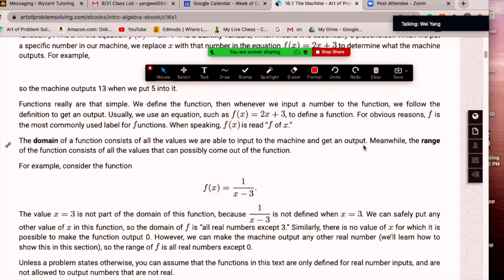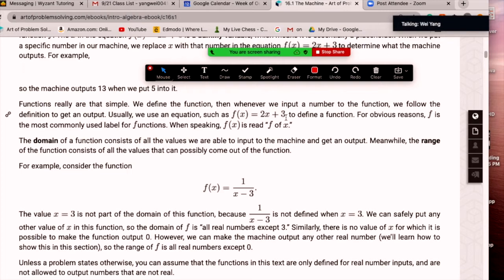So you need to give all the number choices for x, this dummy variable. For 2x + 3, you can choose any number as x. So the domain for this function is all real numbers.